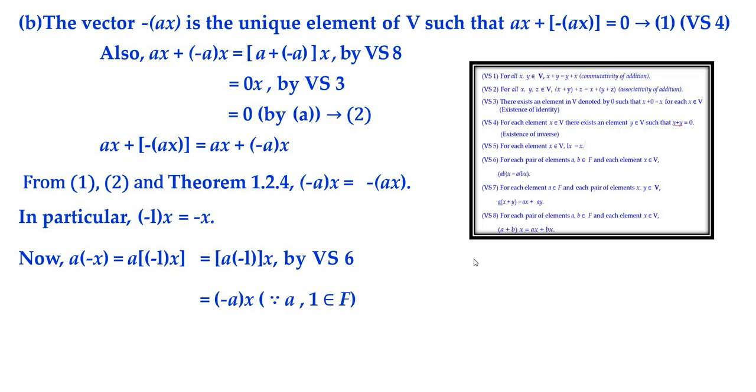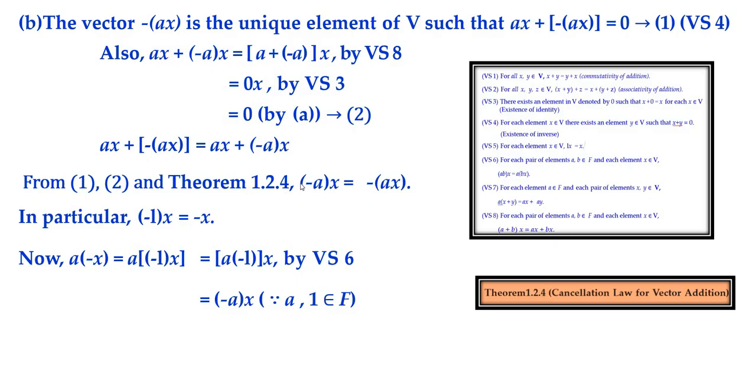Now again by cancellation law, you have ax and ax to be the same here. So by cancellation law, you must have (-a)x is equal to -(ax). So in particular, when you take a to be -1, you have (-1) into x to be this.